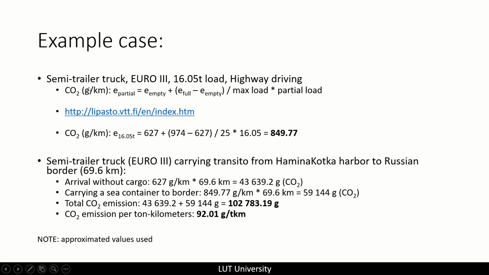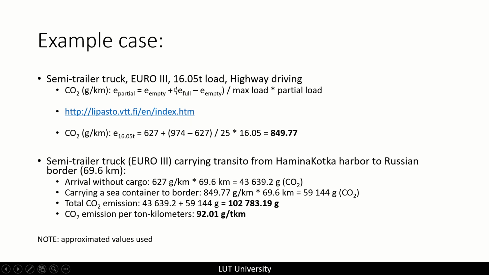So at first we should figure out the emission unit for CO2, so how many grams of CO2 per kilometer a semi-trailer truck emits carrying a 16.05 ton load, which represents a sea container that is, in our case, carried by ship to Hamina-Kotka, then loaded onto the truck and carried further on to Russia.